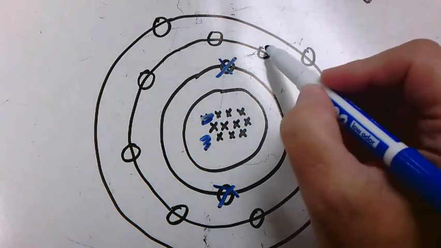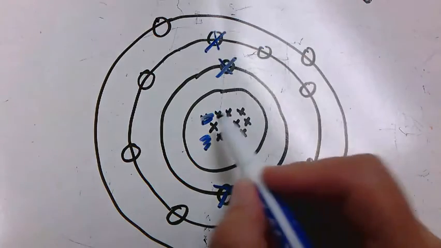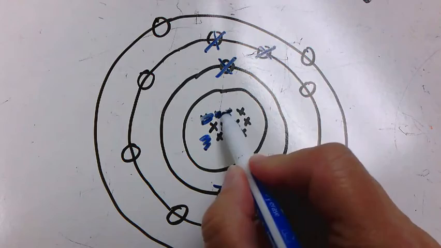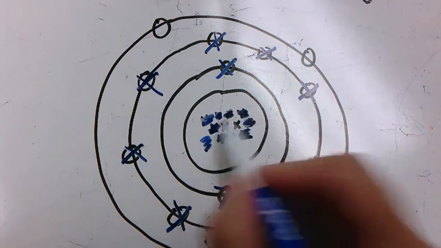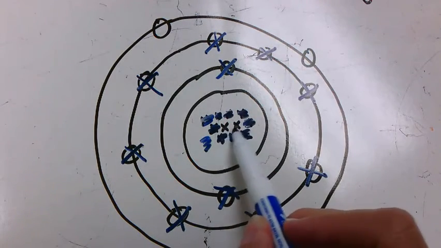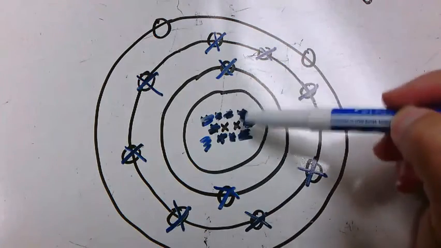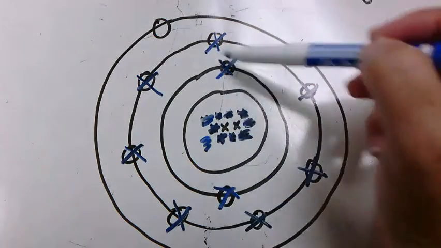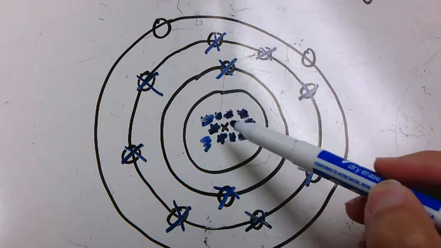Then again, this is a full shell, so this electron cancels this one, and this one, and this one. So we have just these two protons and these two electrons, but those two electrons are much farther away from the protons. So these core electrons are kind of hiding the outer electrons from the protons.